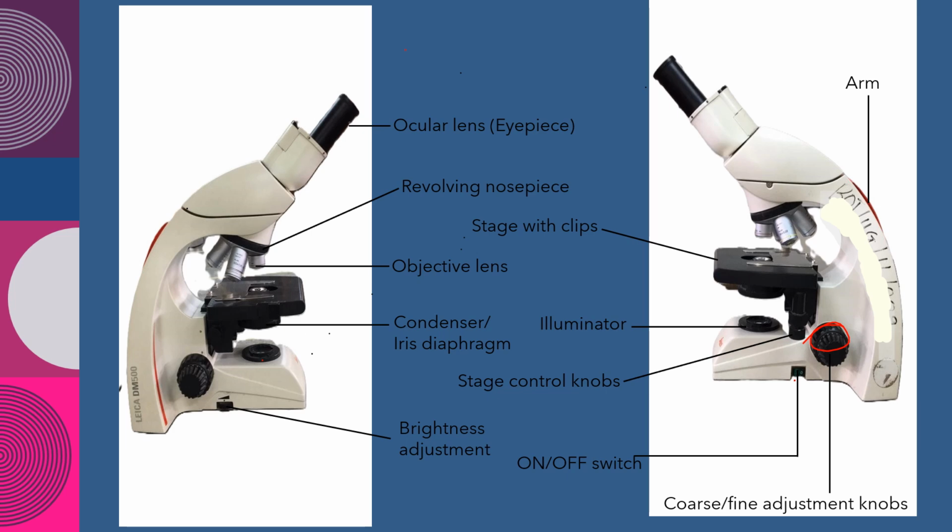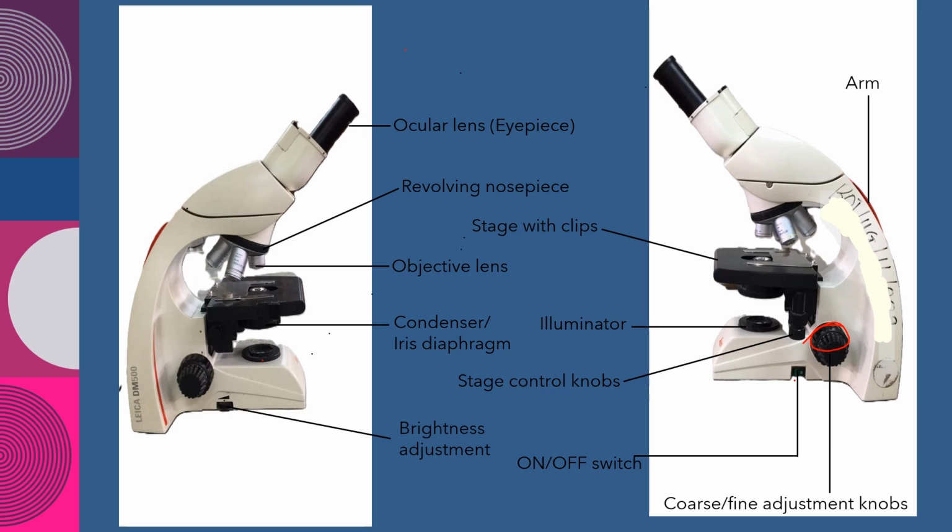The condenser and the iris diaphragm. The diaphragm is used to control the amount of light that passes through the condenser to the specimen on the stage. The condenser is the part that focuses the light from the illuminator onto the specimen on the stage.